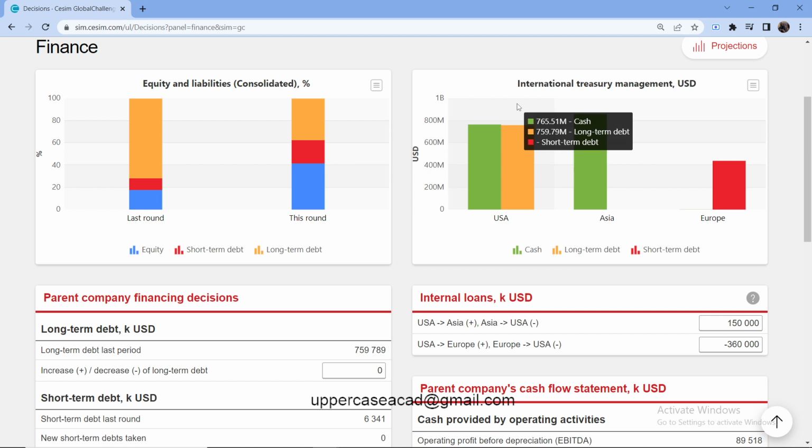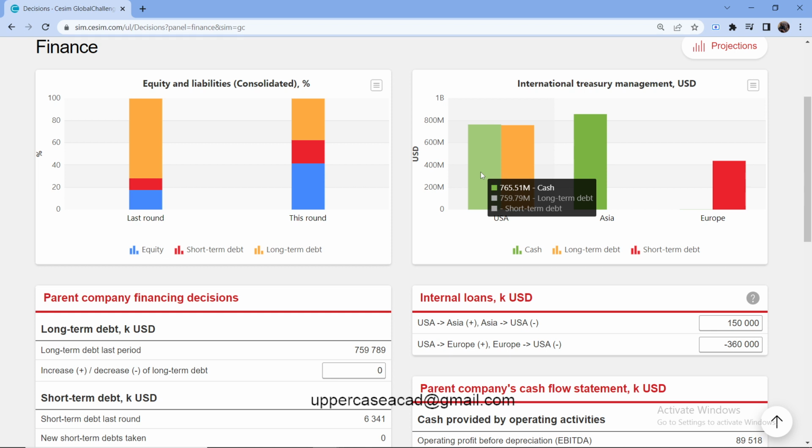So let me start with the international treasury management. This is the first graph that you should check on your simulation under the finance section. It will tell you how your finance position is in terms of cash, long-term debt and short-term debt. If I use the United States as an example, I have a cash position of 765.5 million.